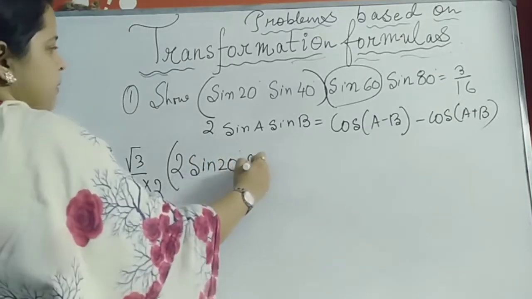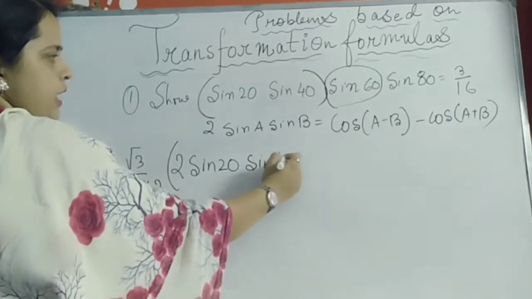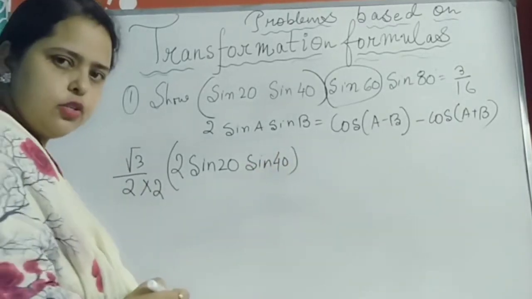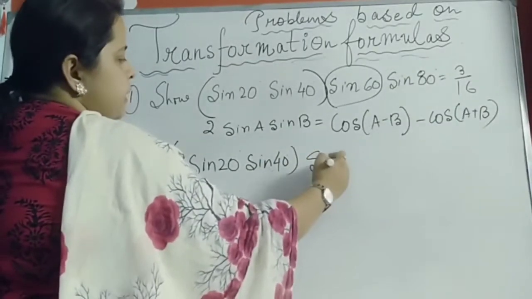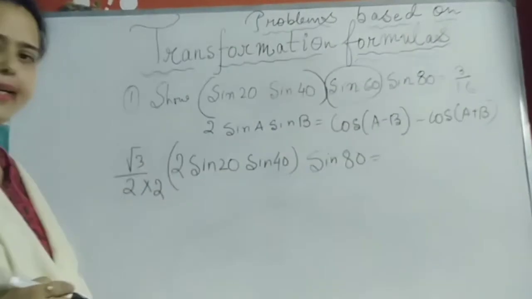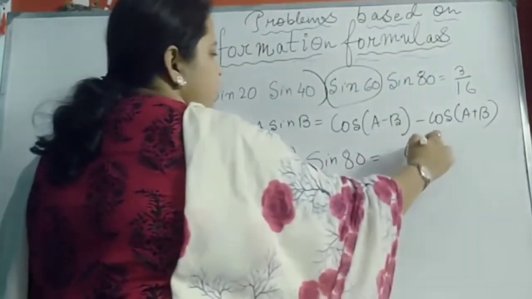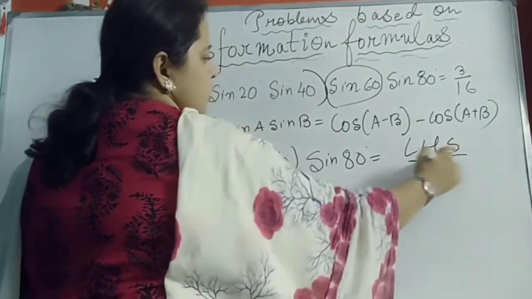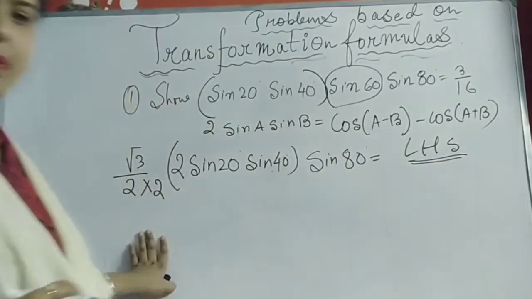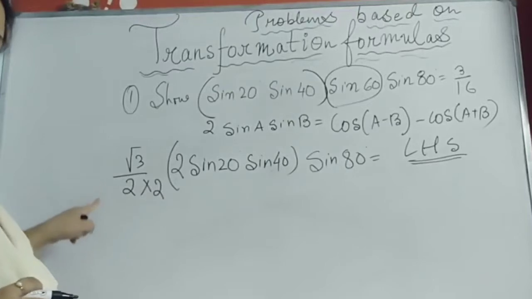So this becomes 2 sine 20 into sine 40. I hope it is understood. It is multiplied with sine 80. Now, this is the LHS part I am starting with. Now, this is root 3 by 4.